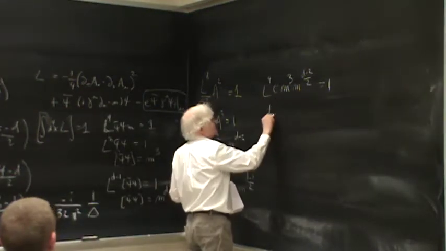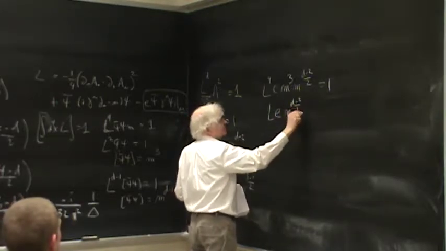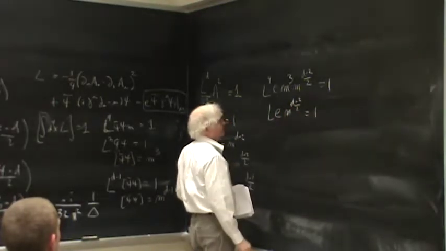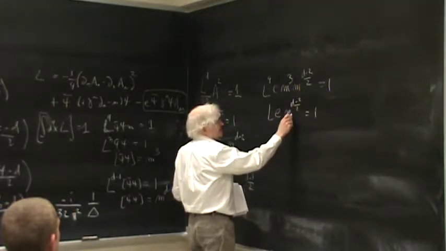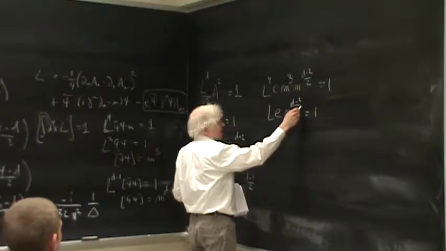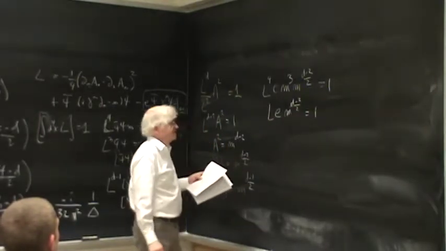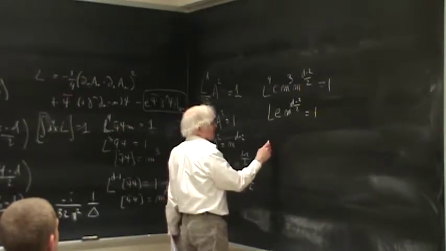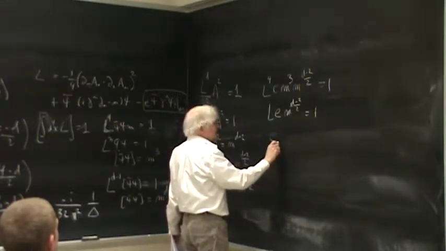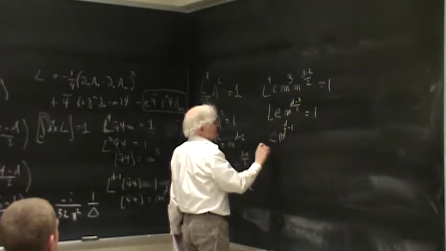So this is L E m to the d minus 2 over 2 equals 1. This is m to the d over 2 minus 1. That's not going to work because L is 1 over m. So this is really E to the m d over 2 minus 1.